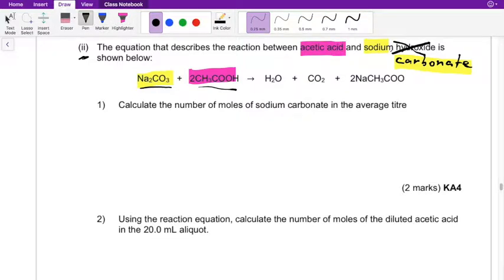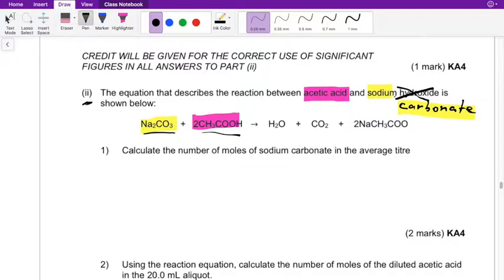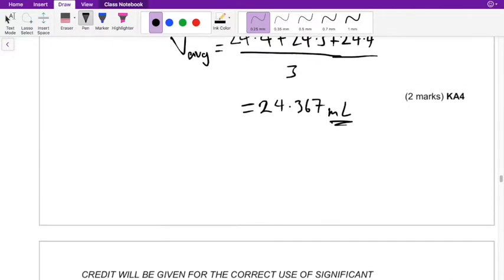Calculate the number of moles of sodium carbonate in the average titer. Where's the information?